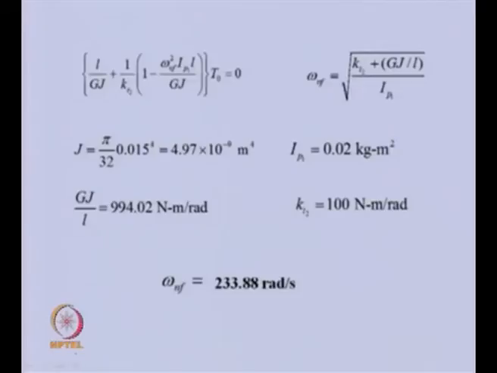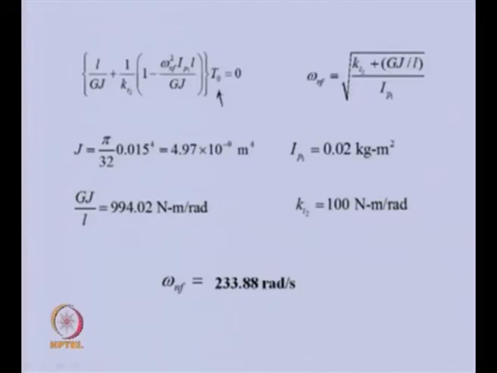So you can see this is the frequency equation in which we are equating this, because this cannot be 0. If we equate this term to 0, we will get the natural frequency as this. You can see this is the stiffness of the spring, and this is the stiffness of the shaft.